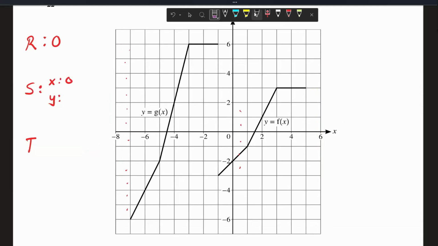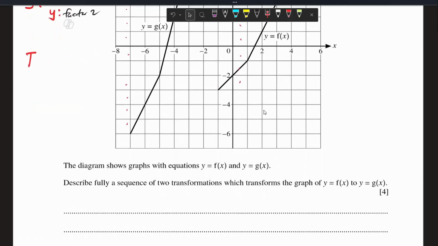Okay, so vector 2. All right, let's just write down that transformation. So number 1 is a stretch parallel to the y-axis, and we say vector 2.